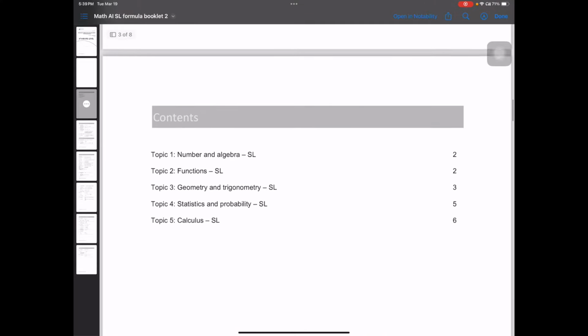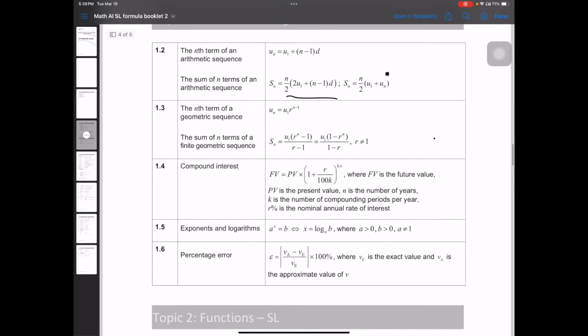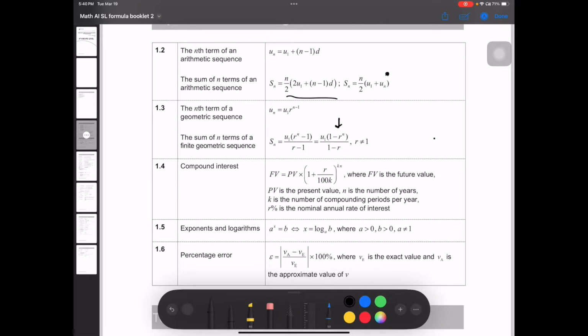Still in topic 1.2, or sorry, 1.3 rather. Here we go, the sum of n terms of a geometric sequence. 1.3, sum of n terms u1 (r^n minus 1) over (r minus 1). And we also have this one right here. Both of these are possible.